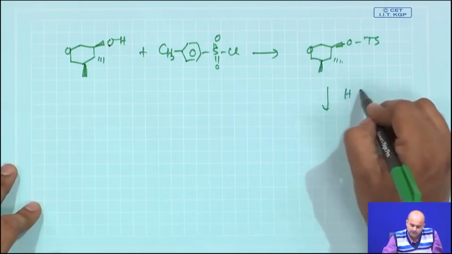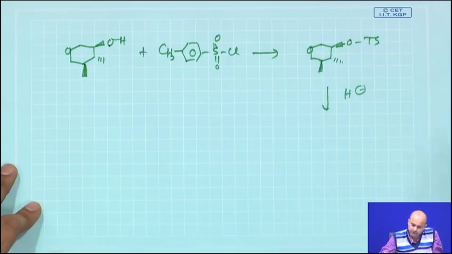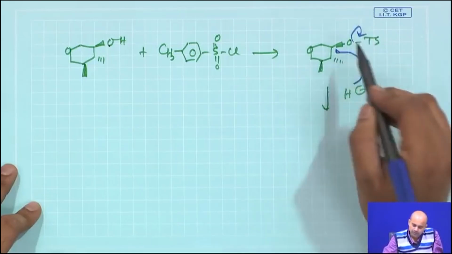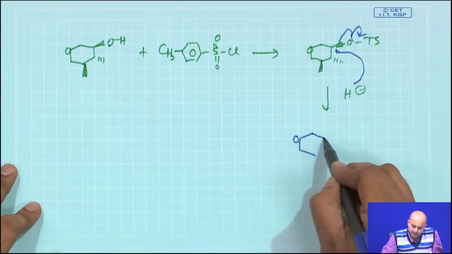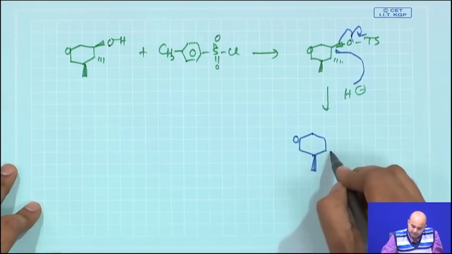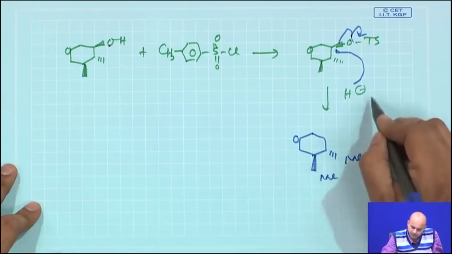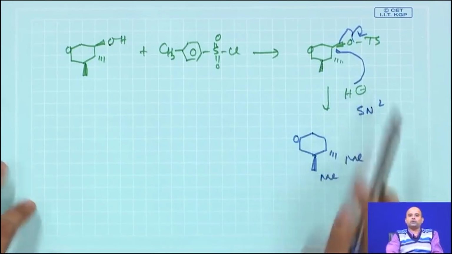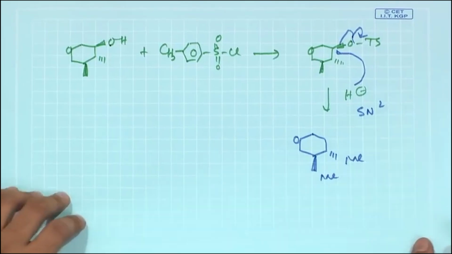You put in H minus, this H minus attacks, the entire tosyl goes up, and you basically get a methyl. So, it is an SN2 reaction.